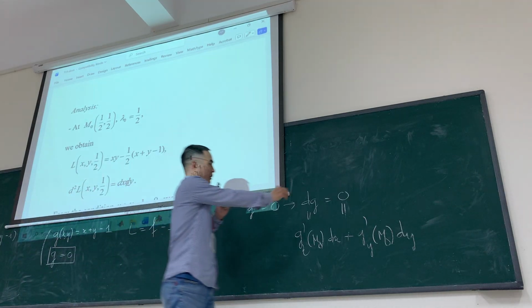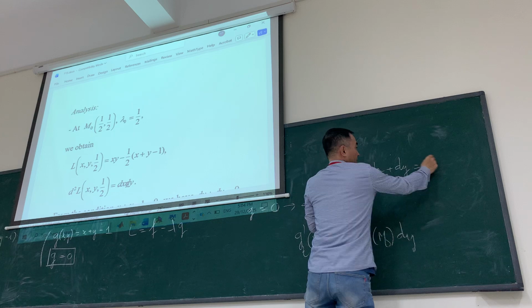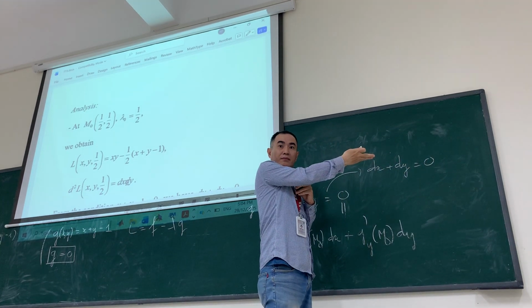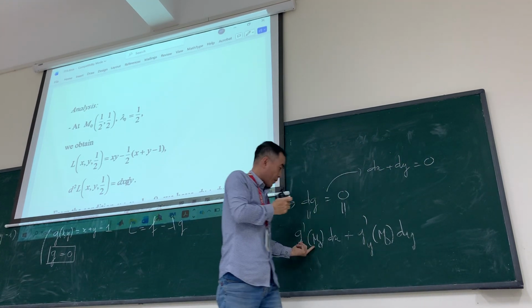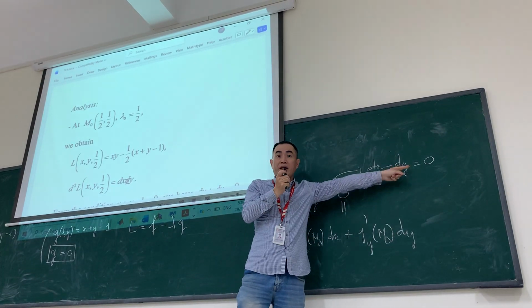So in here, we can imply dx plus dy equals 0.